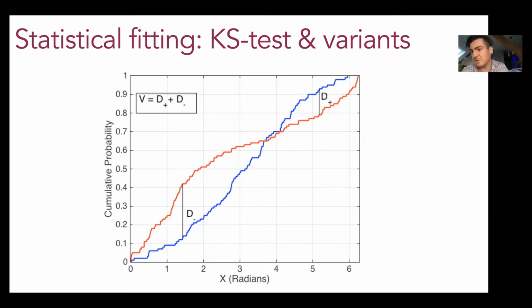The reason for doing that is because it ends up weighing all of the data equally, whereas if I were just to look at the maximum, it would weigh toward my center values a little bit more. I'm happy to answer questions about the details of this, but that's just a general idea about how we're making this comparison.